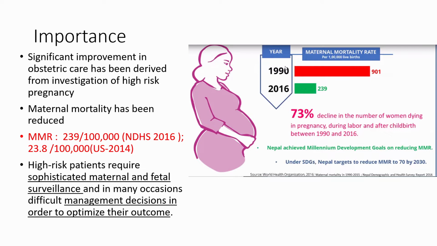Once we detect a high risk pregnancy, we tend to make policies, and these policies will cut down maternal morbidity as well as mortality. So that is the importance. High risk patients require sophisticated maternal and fetal surveillance, and on many occasions, difficult management decisions in order to optimize their outcome.